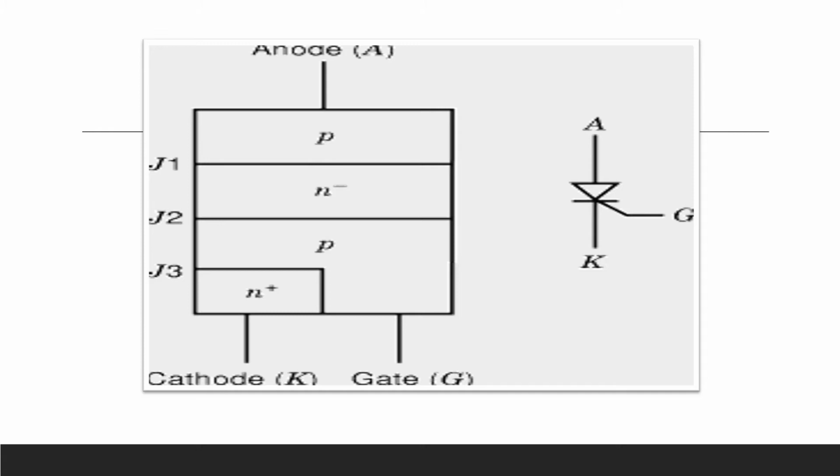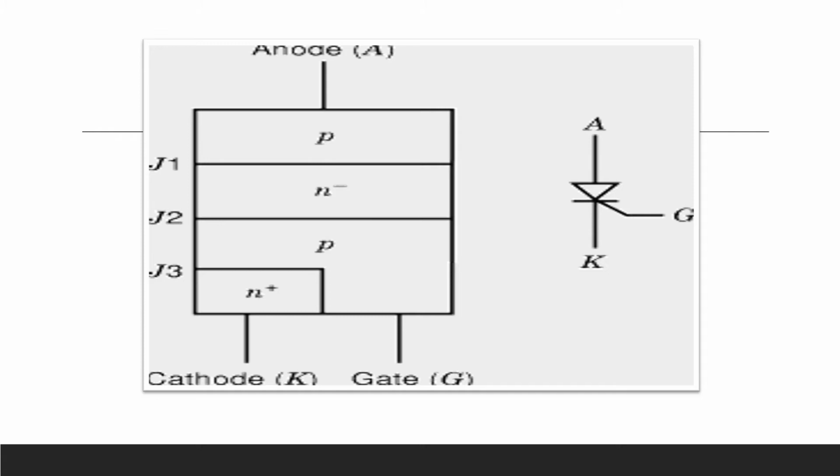So we need to use an additional circuit to reduce the anode to cathode current below the holding current, to change the SCR from the conducting state to the blocking state. This is of course expensive and clumsy.